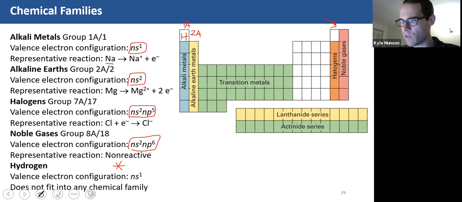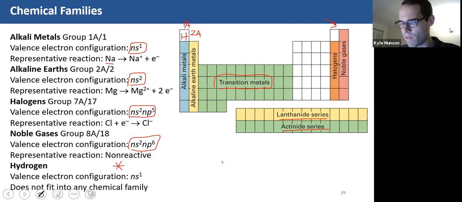You can also see here the transition metals. They're kind of in the d block of the periodic table. We're going to be talking more about them as the semester goes on. And then there's the lanthanide series and the actinide series. We're not really going to be talking about that very much in this course at all, but just know that they're there if you go on to maybe general chemistry or another chemistry class.